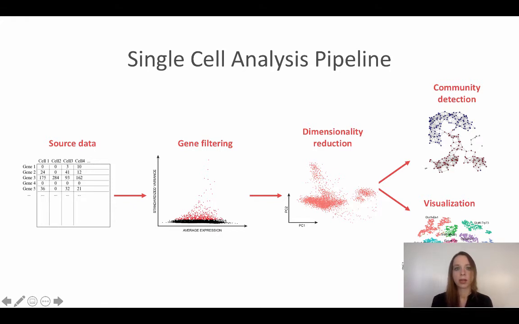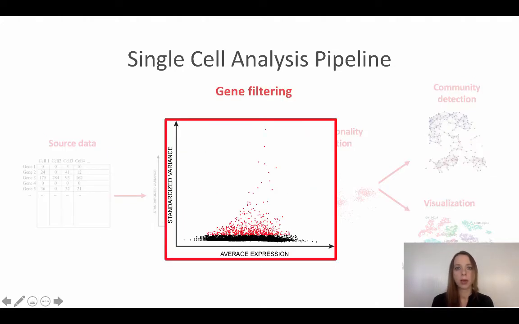Instead, we focus on analyzing genes that are expressed in a highly variable manner across the dataset. In other words, we want to focus on genes with high expression levels in a subset of cells and with low or no expression in others, because those are most likely informative, determining how cell types differ from each other.